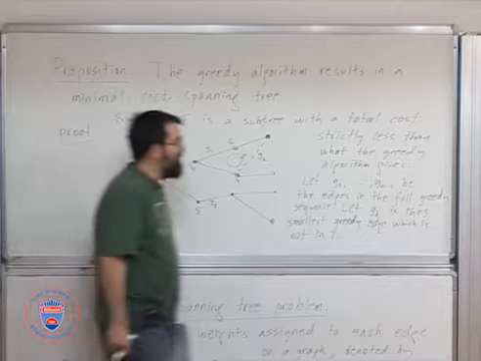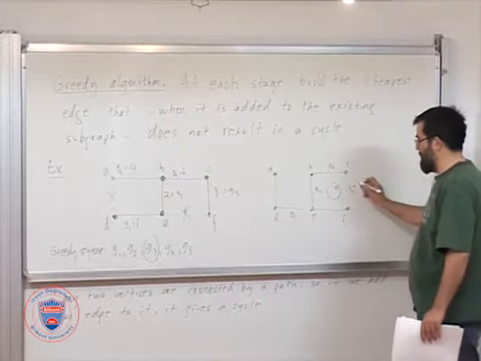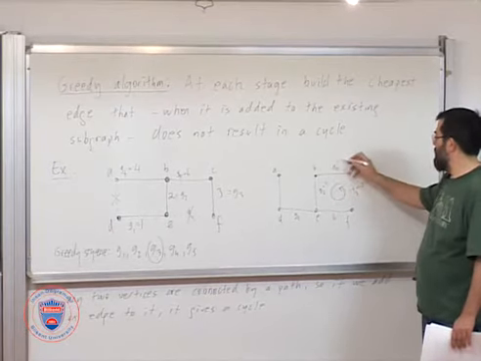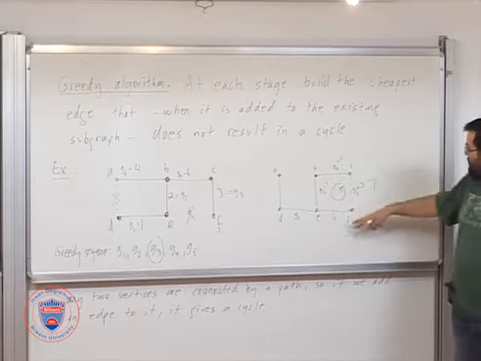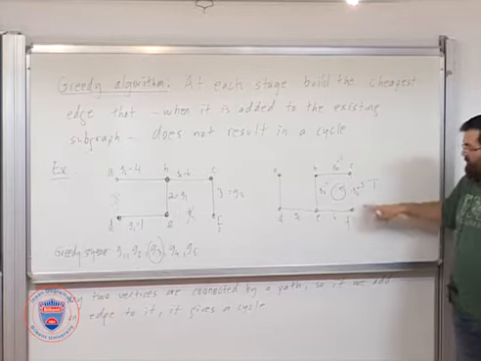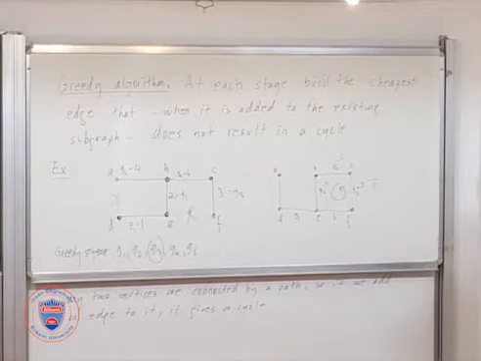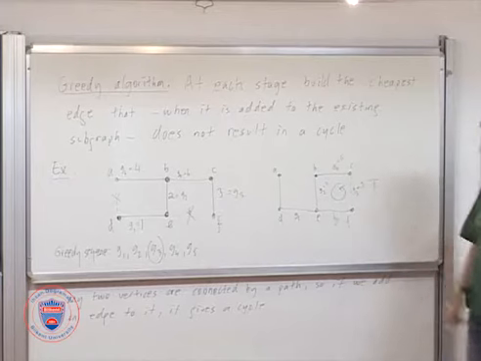But I claim that if you look at the cost of these edges, there's always one edge which has more cost than this one. Why is that true? Here there is 6, which has more cost than this one.